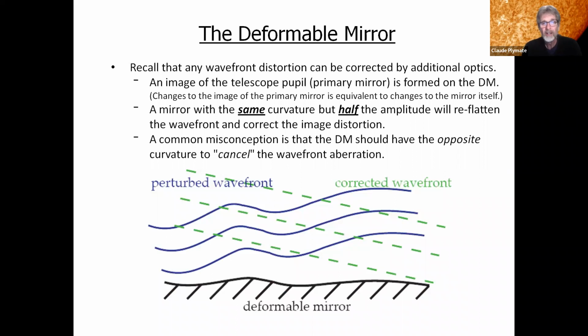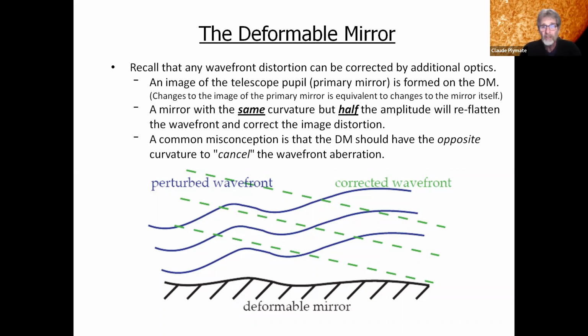An image of the telescope pupil, that is the primary mirror itself, is formed on the deformable mirror. And then changes made to that deformable mirror are equivalent to if we made those changes to the primary mirror itself. So distorting the deformable mirror is equivalent to distorting the entire mirror, but very, very quickly.